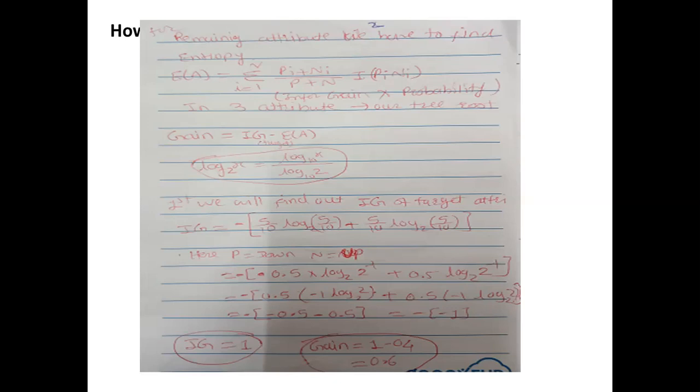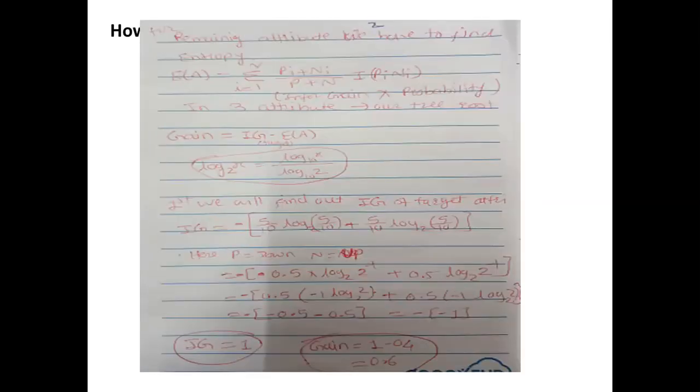Here we are finding the information gain of the target attribute. So the information gain is equal to minus, taking common, minus of 5 by 10. What is the meaning of this 5 by 10? This is nothing but p divided by p plus n. Here p is down and n we are representing for up in the class label.